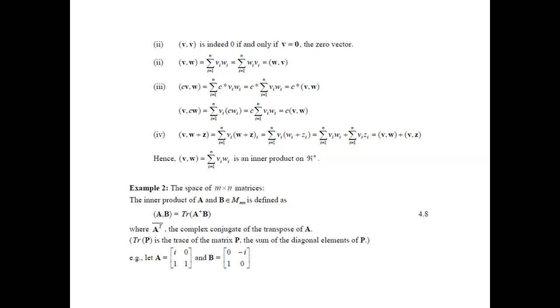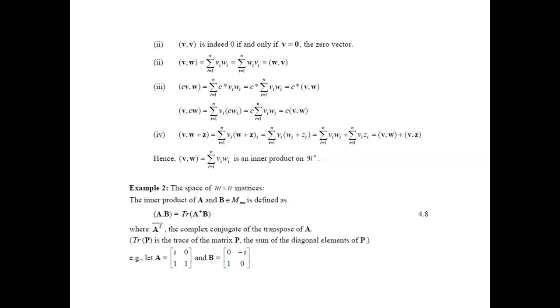Or we first take the complex conjugation and then we transpose the matrix. Trace of P is the trace of the matrix P, which is the sum of the diagonal elements of P. Of course, P must be a square matrix, that is, the number of columns must be equal to the number of rows.